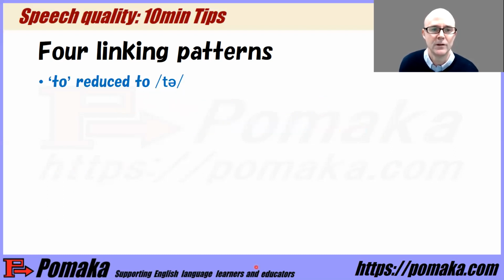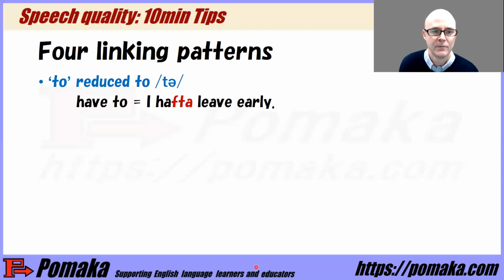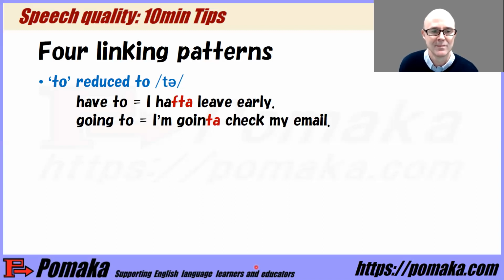The word to is often reduced to the sound t. For example, have to can become have to. For example, I have to leave early. Going to can become going to.